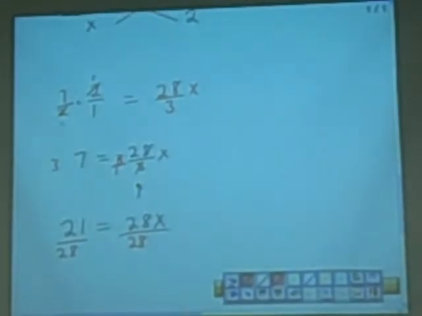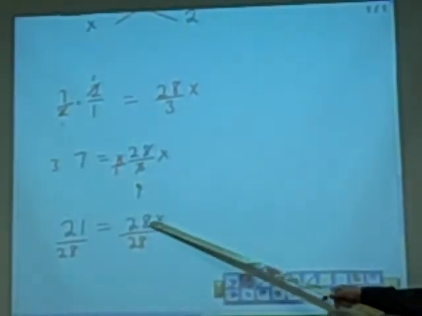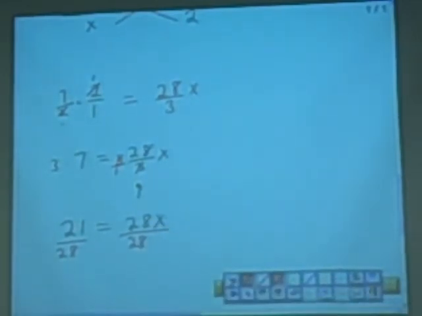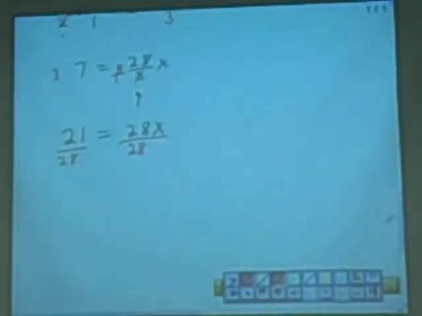Okay, why does this work? What happens to the 28s on the right side? They cancel, and that's what we want. When they cancel, what do we have left here? 1, right. So now this is just 1x, or you can just put x. Can we simplify the 21 and the 28?